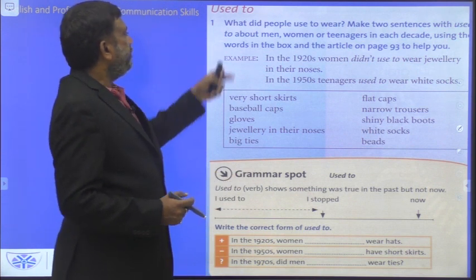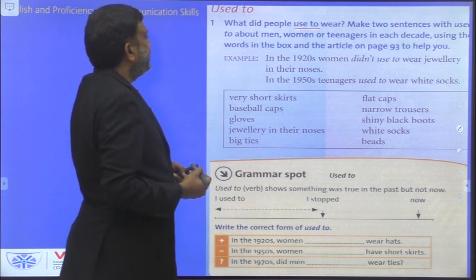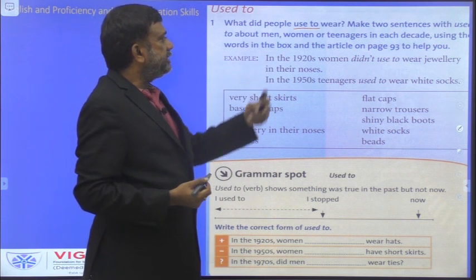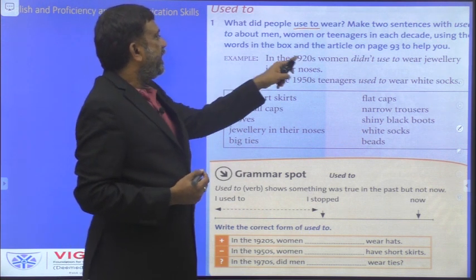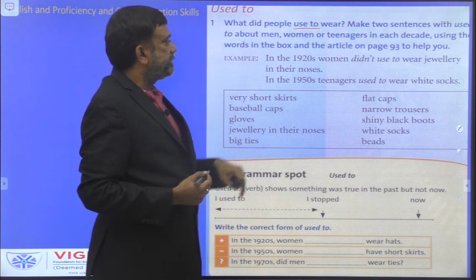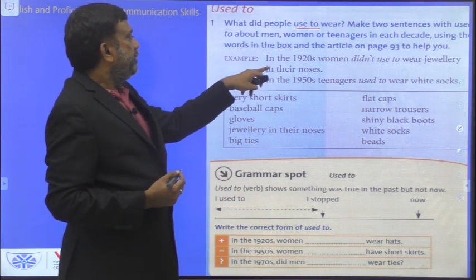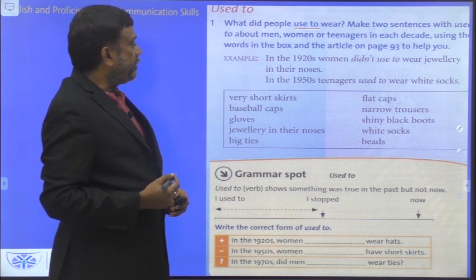Now, what did people used to wear? Make two sentences with used to about men, women or teenagers in each decade using the words in the box and the article on the previous page to help you. In the 1920s, women did not used to wear jewelry in their noses.